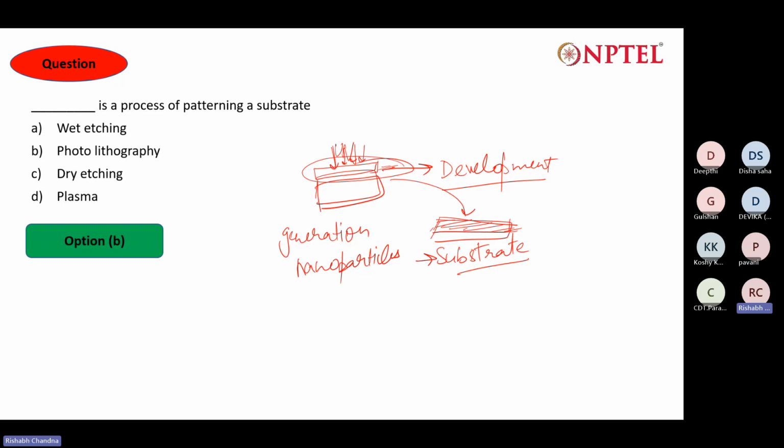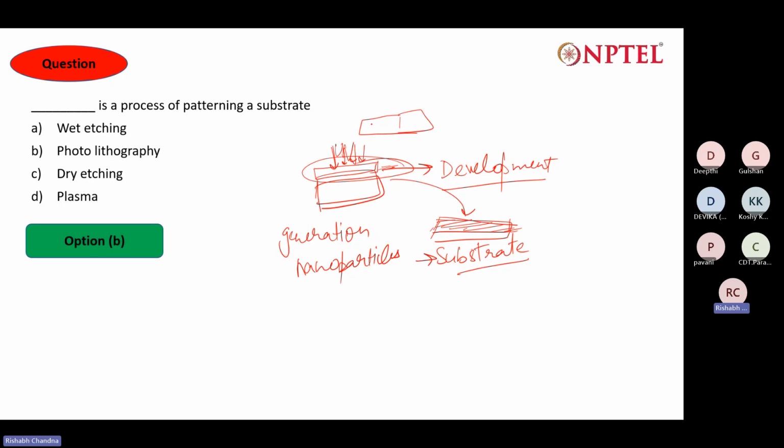If anybody has any doubt, can ask. Can you repeat the explanation? Okay, suppose there is a substrate on which we have to make a particular pattern of a particular thing, for example, nanoparticles.